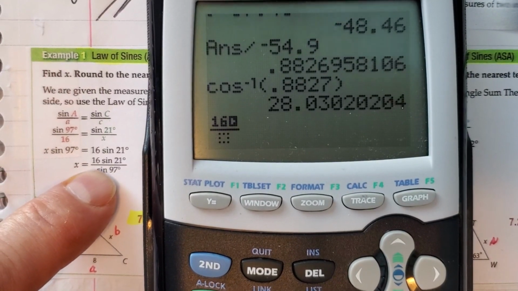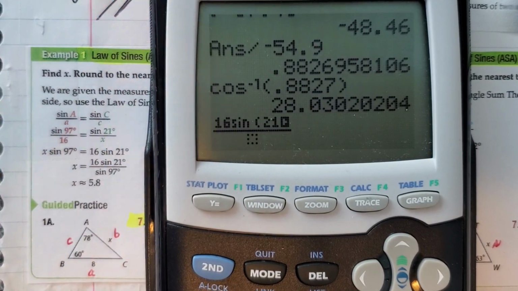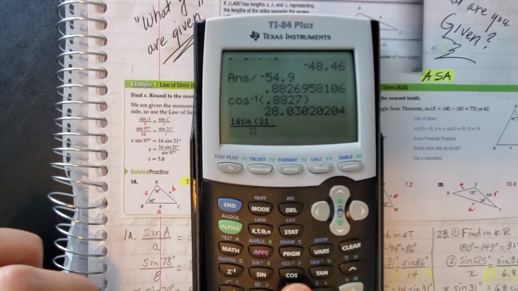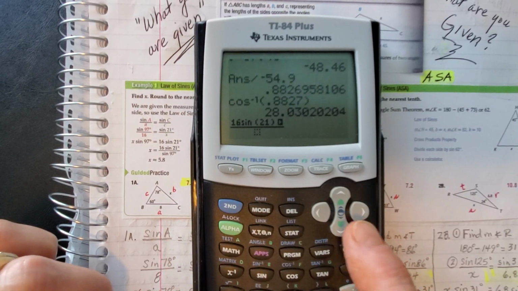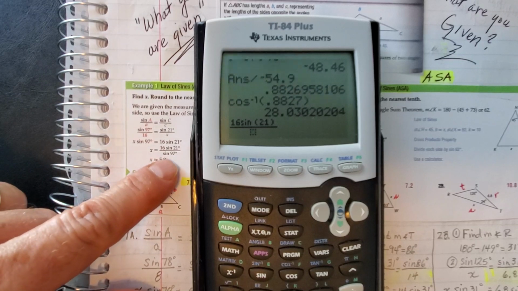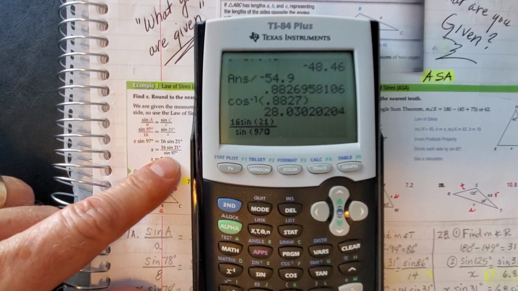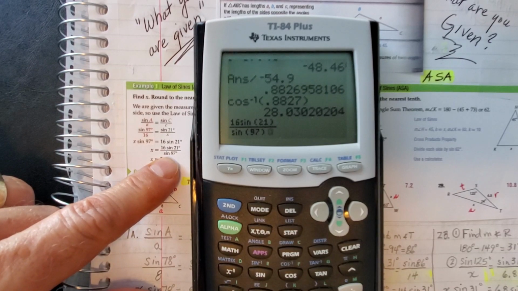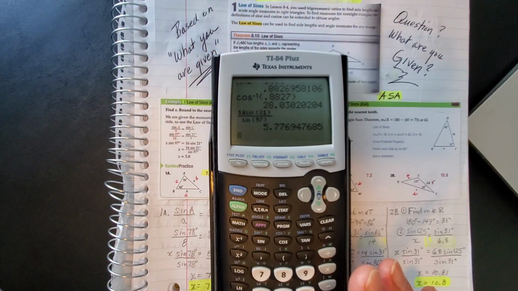So 16 sine 21. Sine is right here. Okay. 21 parentheses. You don't have to have the parentheses, but it's fine to do it. Divided by the sine of 97. So sine 97 in parentheses, enter, and you get 5.77, which rounds to 5.8.